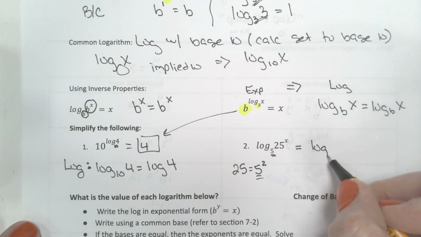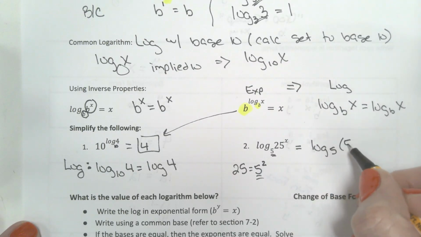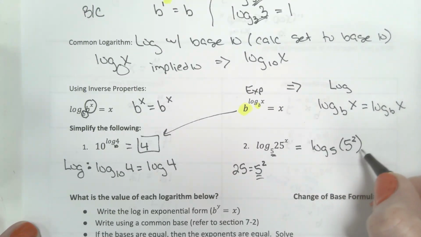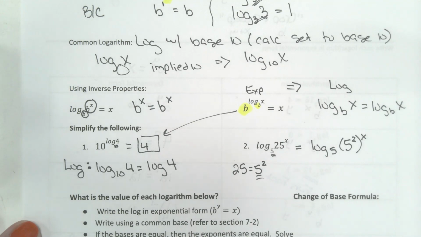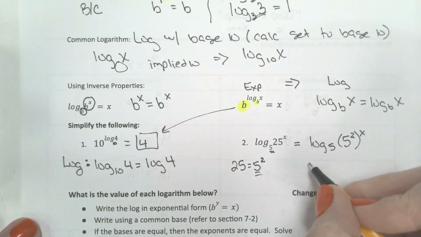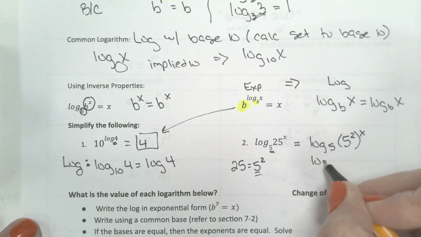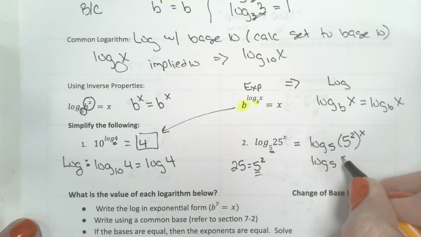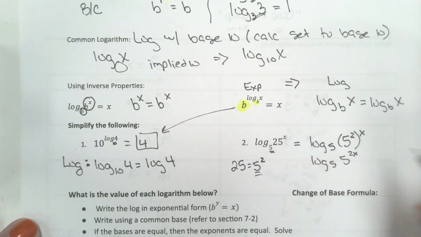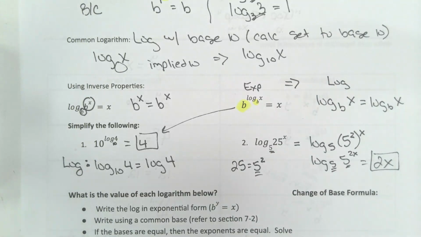So this would be log base 5 of 5 squared raised to the x power. So we're going to clean this up a little bit. And this is log base 5 of 5 to the 2x. So that 5 and that 5 are the same. And so this is going to simplify down as 2x. Doing good.